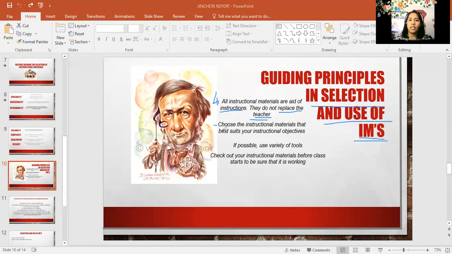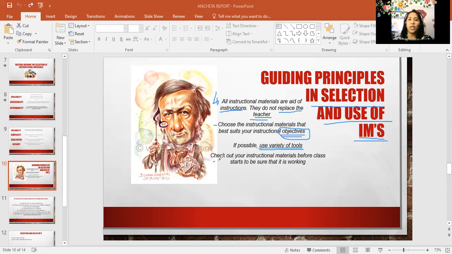Next is choose the instructional material that best suits your instructional objective. So you need to know your objective first to choose what kind of instructional material you are using. And if possible, use a variety of tools.